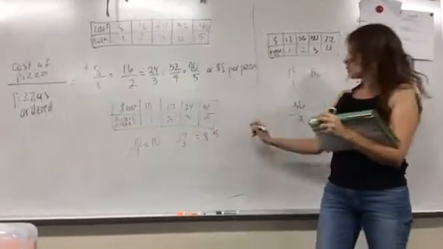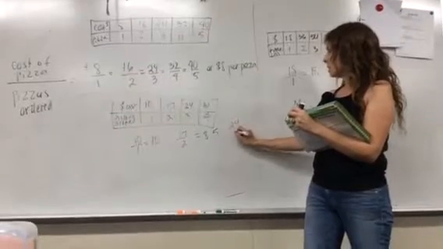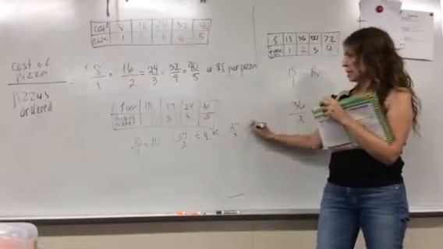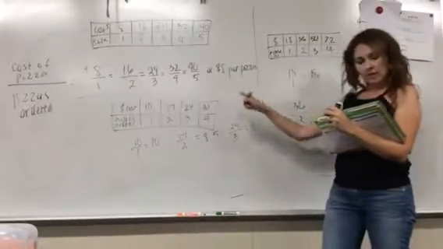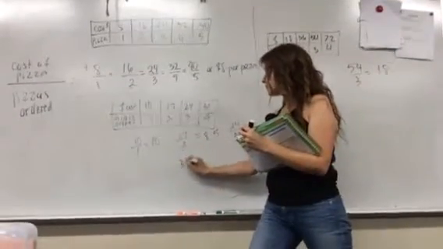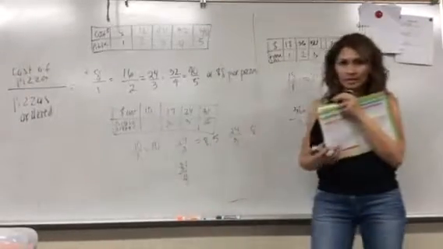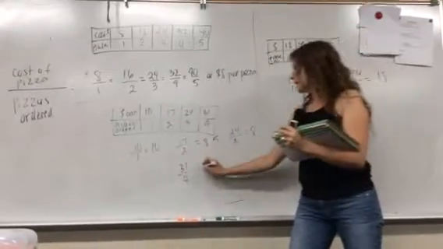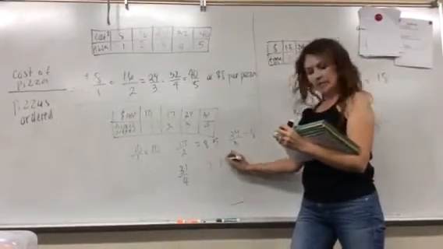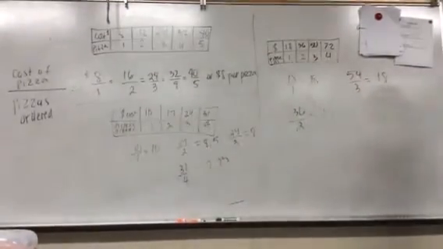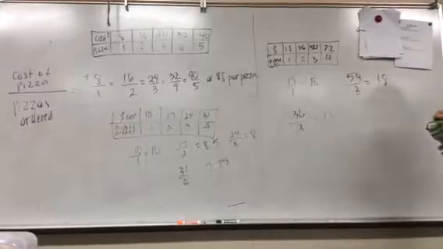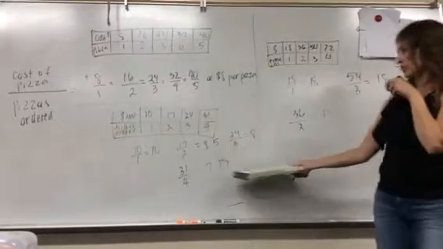Next, 24 for 3 tickets, but when I divide that, I get 8. For the last one, 31 for 4 tickets, when I divide that, I get $7.75. Since the ratios of the two quantities are not the same, the cost of an order is not proportional.